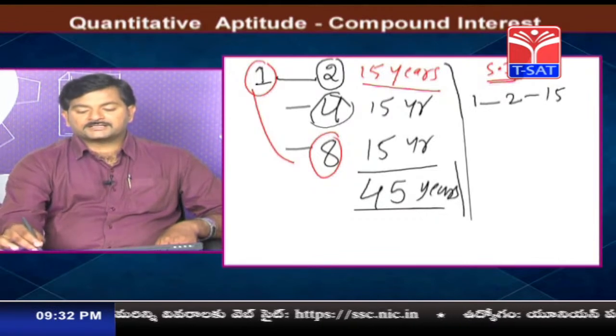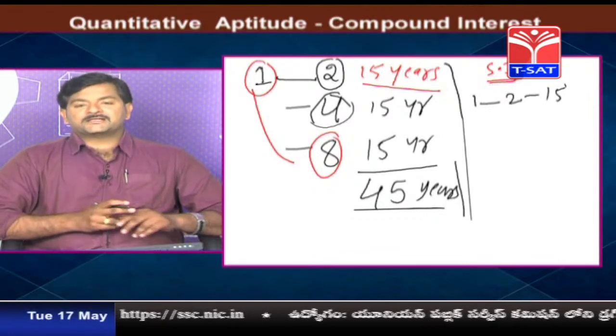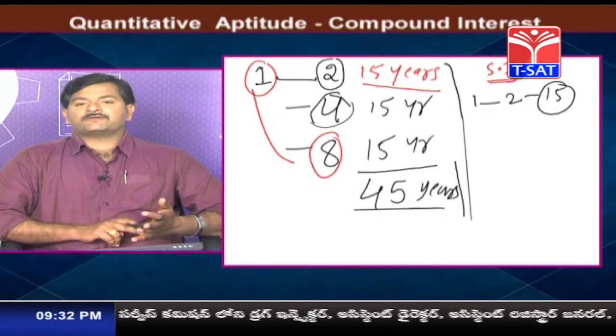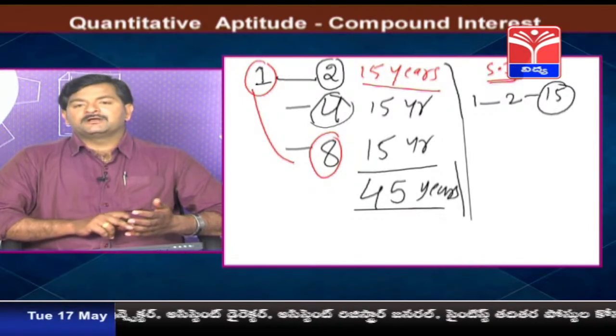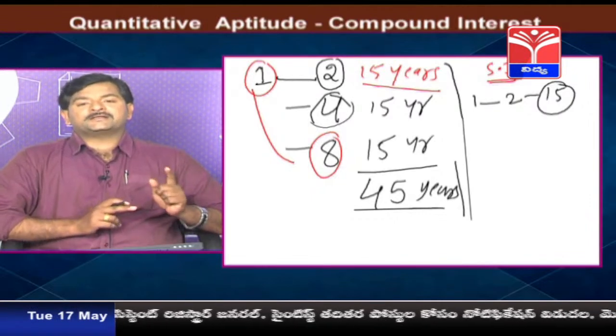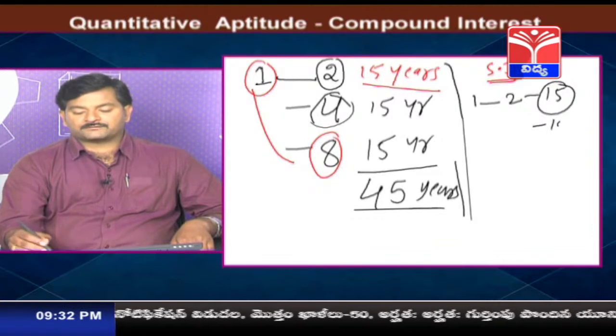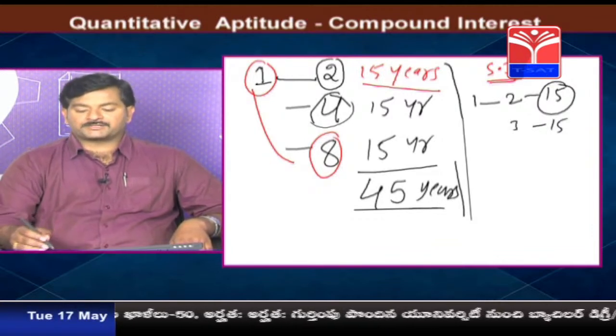So for 15 years the interest is 1 rupee. Since it is simple interest, the principal amount will not change. That's why the interest also won't change. For every 15 years you will get interest of only 1 rupee, because for the next 15 years, 1 rupee interest, it will be 3 rupees.